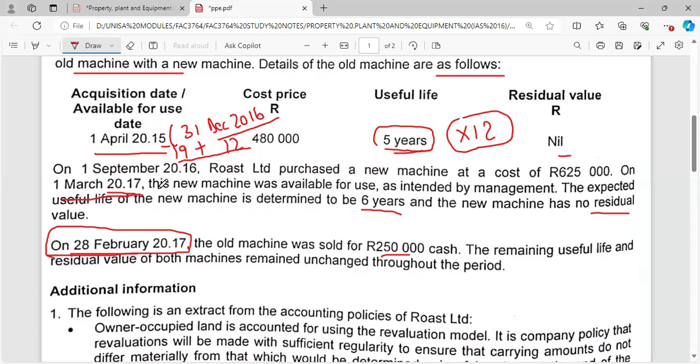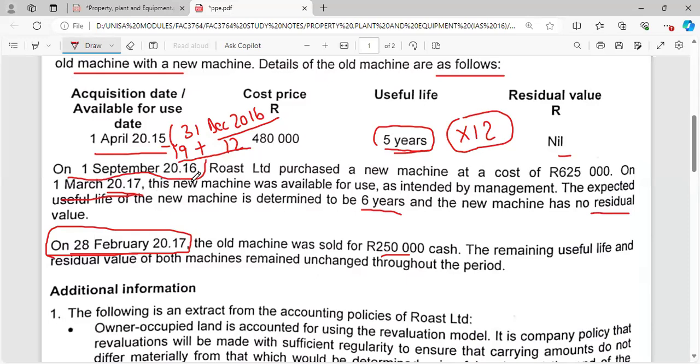On 1 March 2017, this new machine was available for use as intended by management, but it was purchased on 1 September. You see here, we combine it because it was purchased on 1 September, but it started to depreciate during the current year.